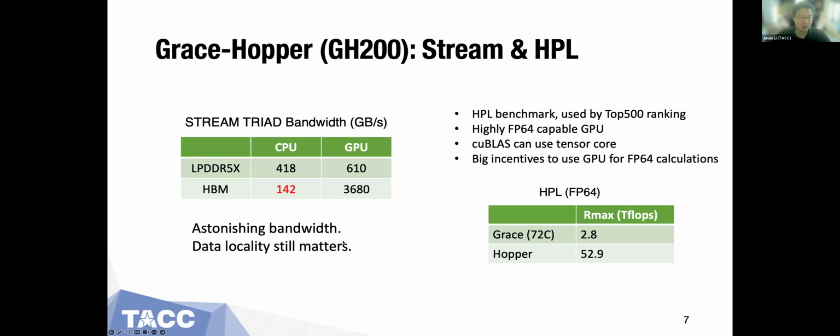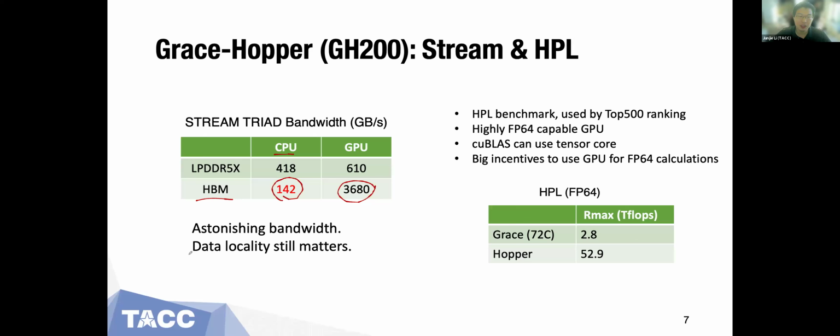And when the GPU is accessing the HBM, its own memory, you can make notes here, it can reach 3.7 terabytes per second. That's just an astonishing bandwidth and ensures the GPU performs appropriately. However, when a CPU is accessing the GPU memory, all you get is 142 gigabytes per second.